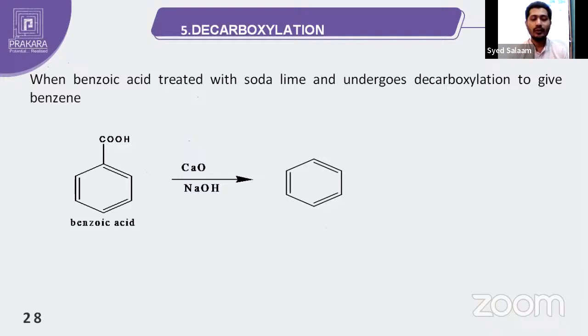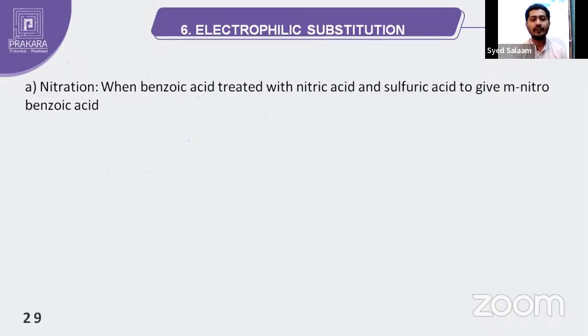The whole COOH moiety gets removed in the form of calcium carbonate, CaCO3, formed from the base and lime mixture. It removes the carboxyl moiety and gives us benzene.